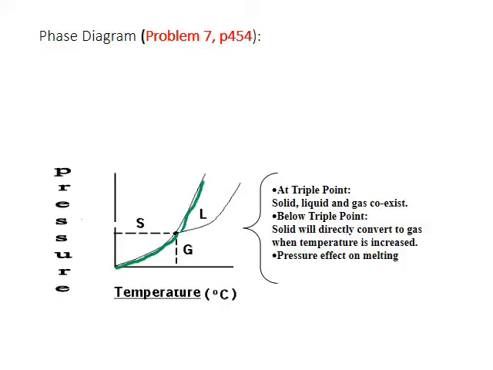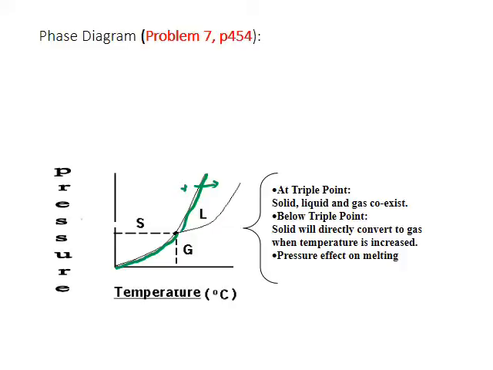It goes like this. On its left side you have solid, on the right side you have liquid. I'm talking about above this point. So on this side you have liquid, on the left side you have solid. That's true for this green curve.